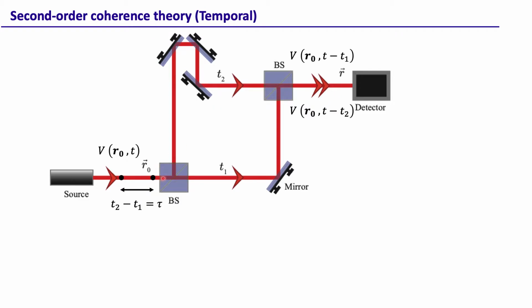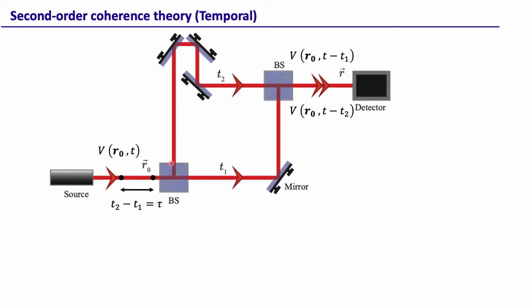The field coming from this arm has taken, let's say, time t2, and the field coming from this arm has taken, let's say, some time t1. Okay, this should be the opposite. What we have coming from this arm is V(r0, t minus t2).